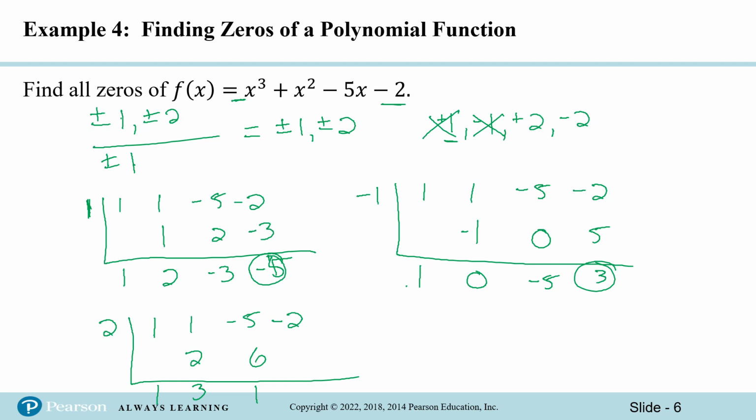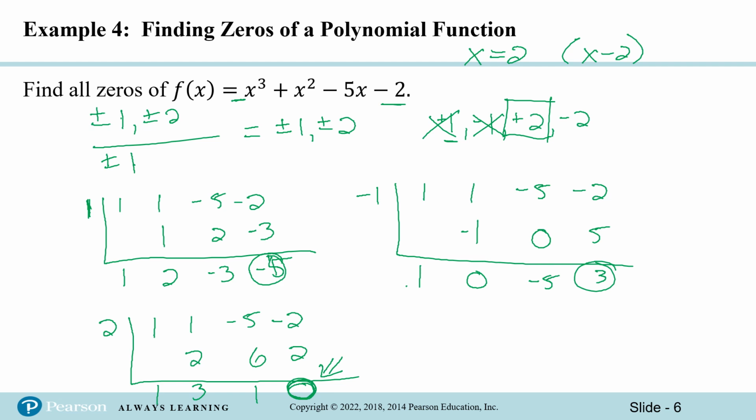Not sure why I did it for one of them and not the other, but okay. So 2, and there we go. That's what we were looking for, a 0. So that tells me that 2 is a 0. So x equals 2, that's a 0. x minus 2 is the corresponding factor.